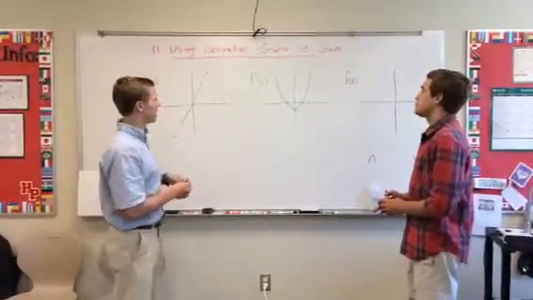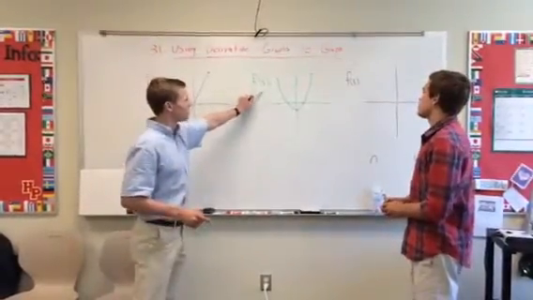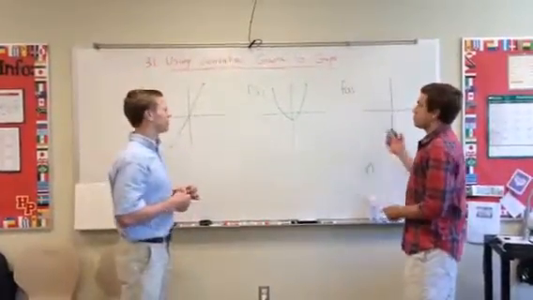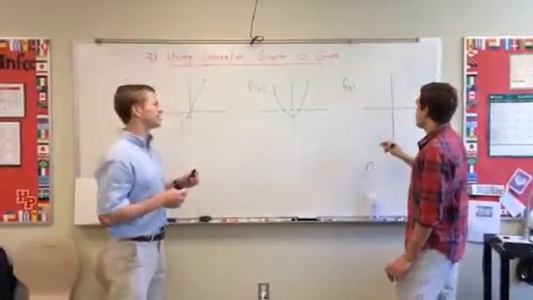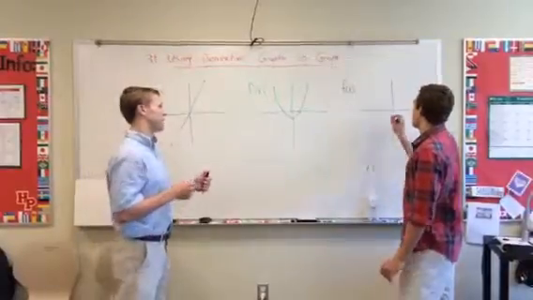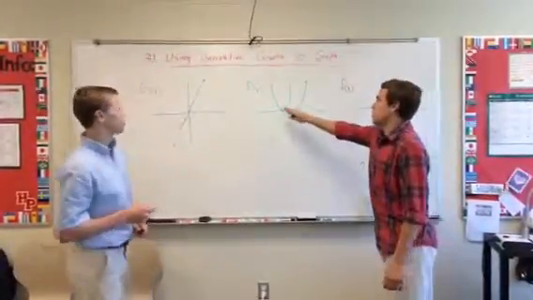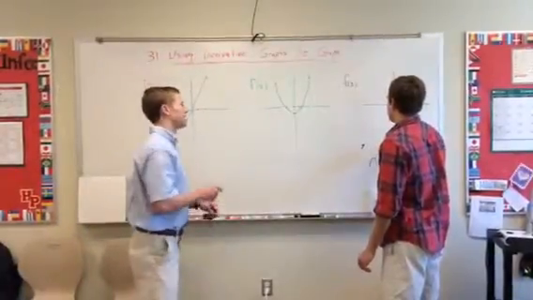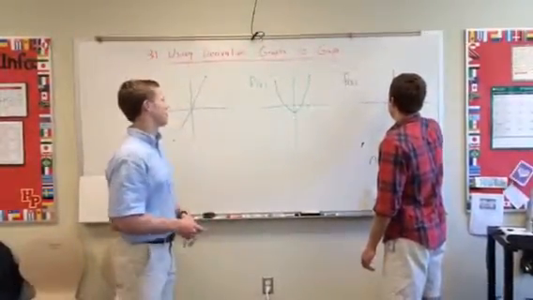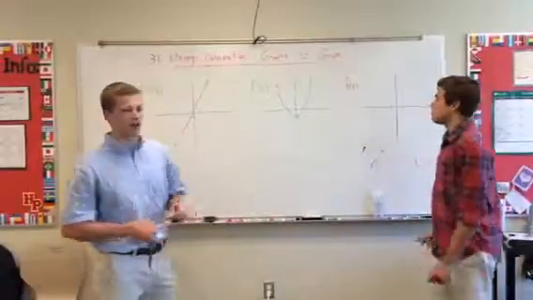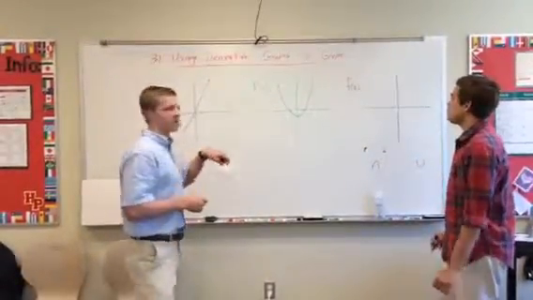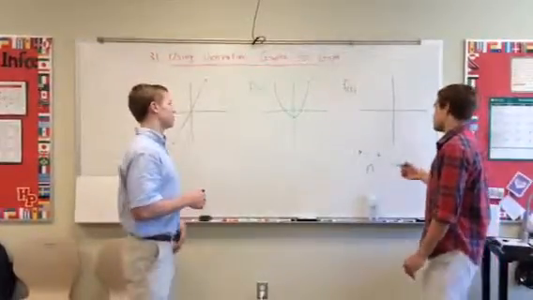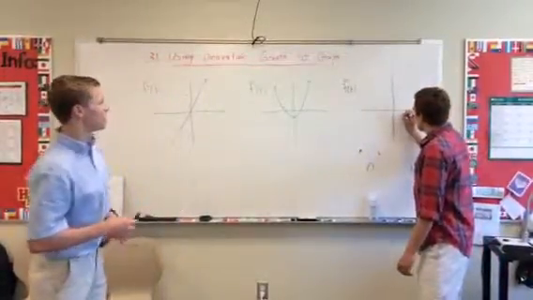The graph is initially positive and comes down to negative at -1, therefore there is a max for f of x at x equals -1. It's going from increasing to decreasing, so you can draw a dot at -1 for a max. At x equals 1, the derivative graph goes from negative to positive, so there is a min. You can draw a min down there.